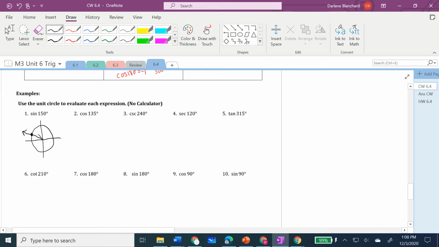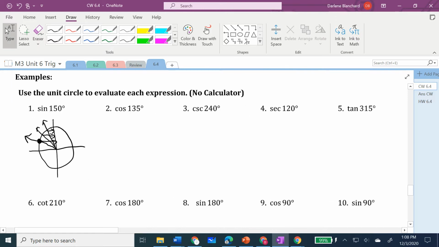And realize that in that quadrant, there are 3 special terminal sides of angles. You want the y coordinate of this point. What is the answer? You want the y coordinate of 150 degrees.